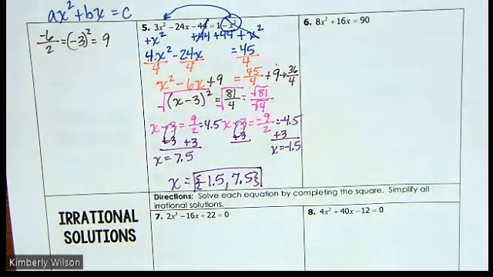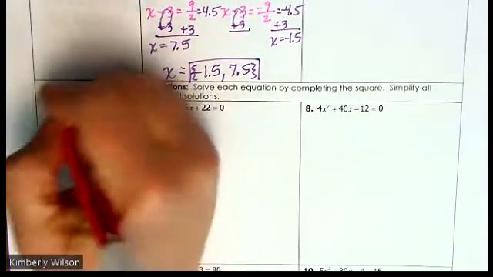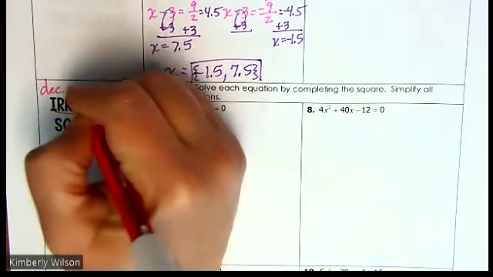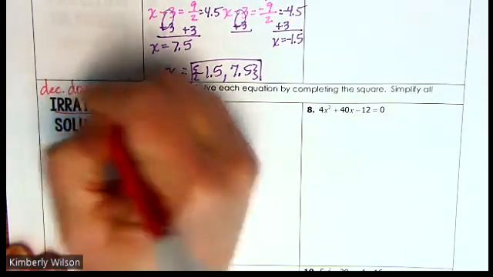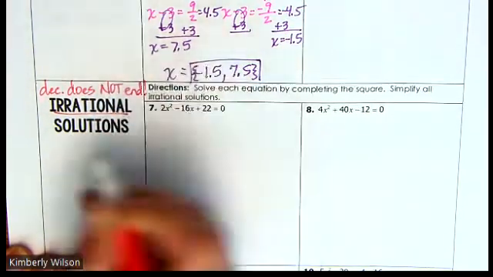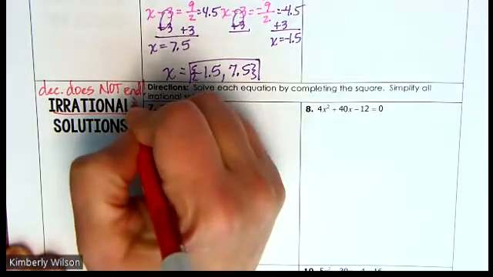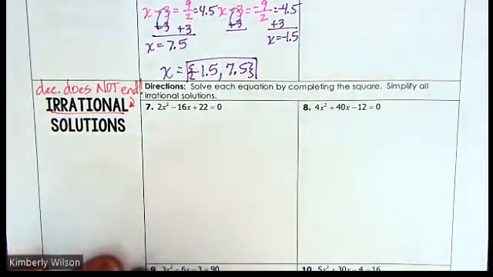All right, last example. This is where we won't end up with something that actually ends. It means the decimal does not end. So it's when it's an irrational solution, the decimal does not end. That's what it means for it to be an irrational solution. Okay, so we do the same process that we've been doing.